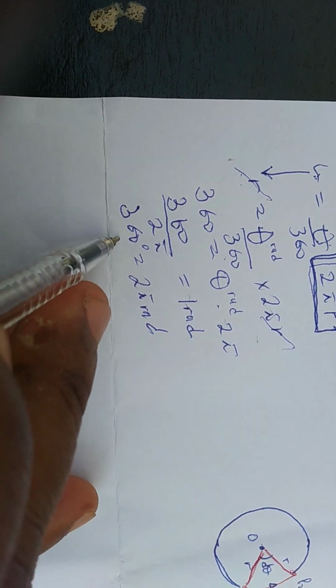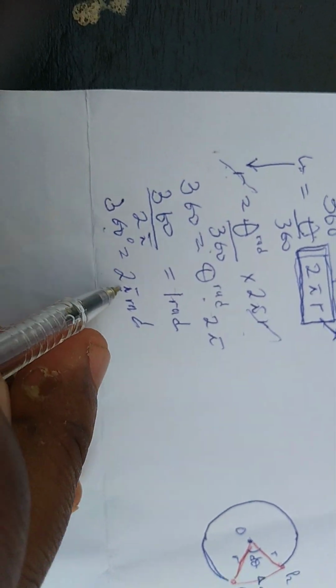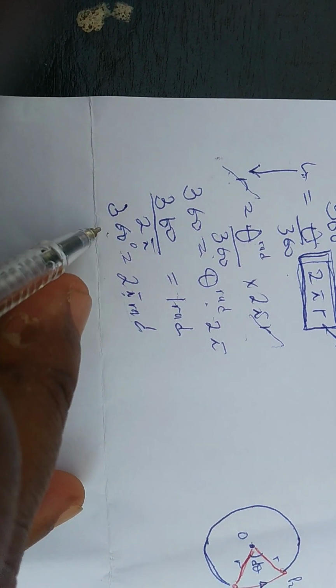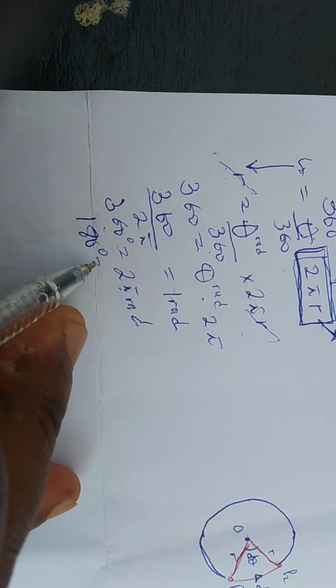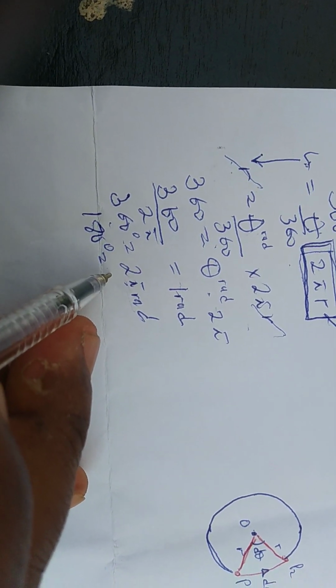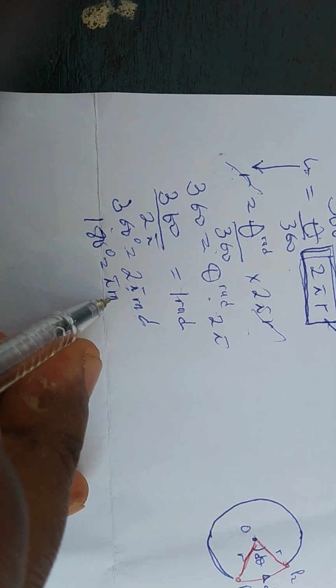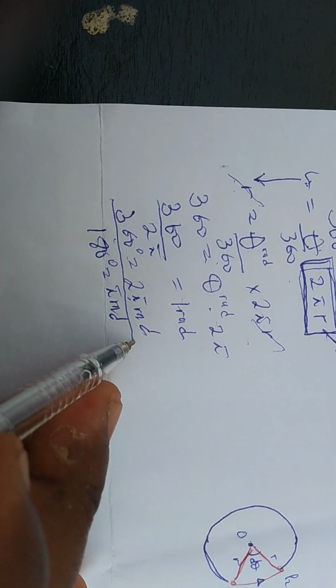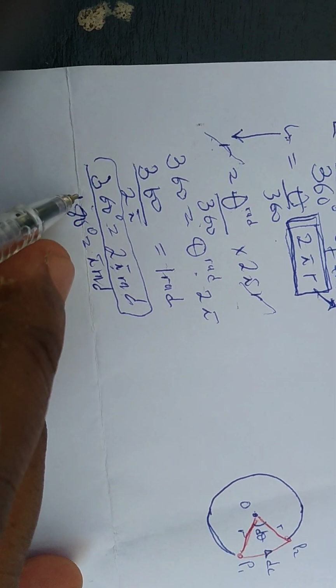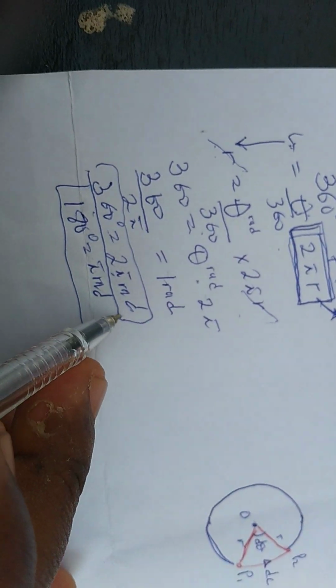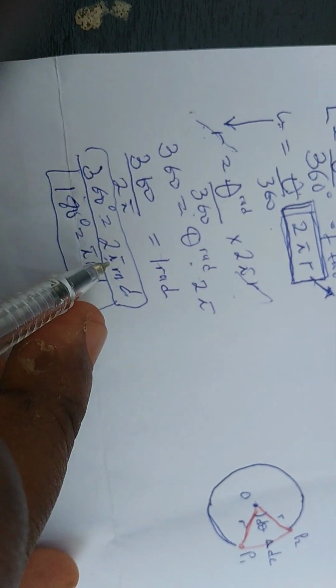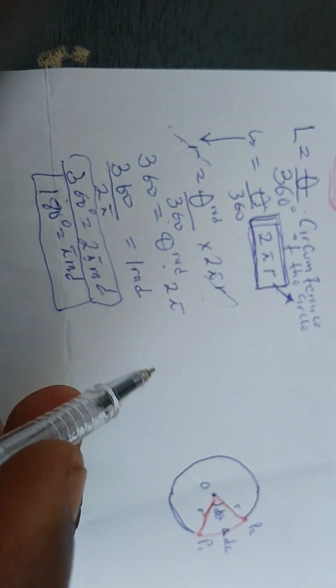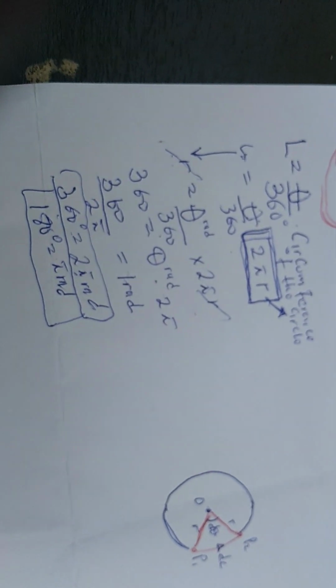If you divide both sides by 2, 360 divided by 2 gives us 180 degree, and 2 divided by 2 gives us 1, so we have pi radian. Either of these expressions can be used in the conversion of angle into radian or radian back into angle. That's our first topic.